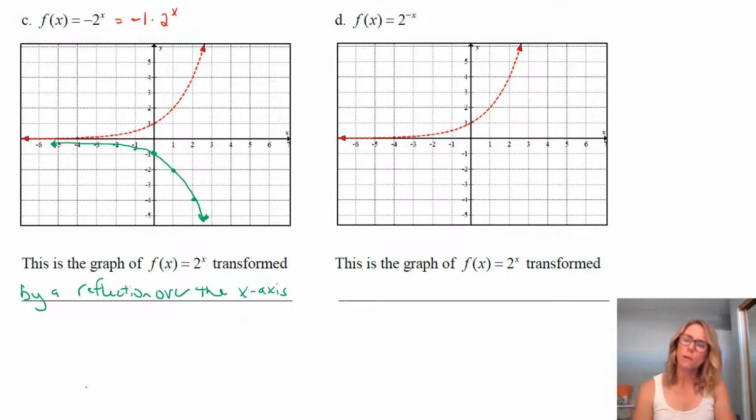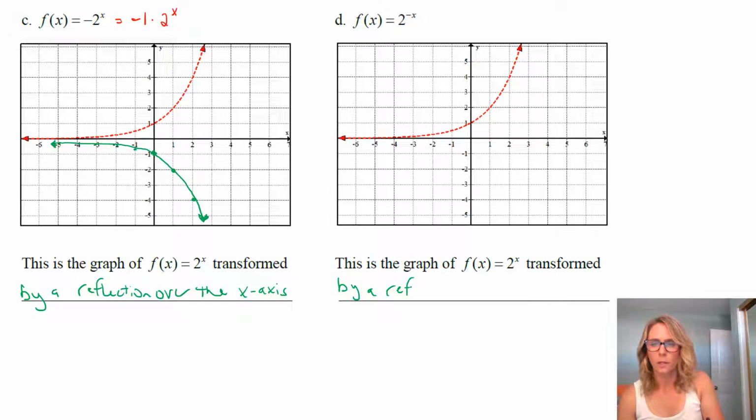And for the last one, notice what's happening there is that the x is being changed. So the negative is within the x, not on the outside. And so this is also a reflection, but not surprisingly, we're going to be over the y-axis.